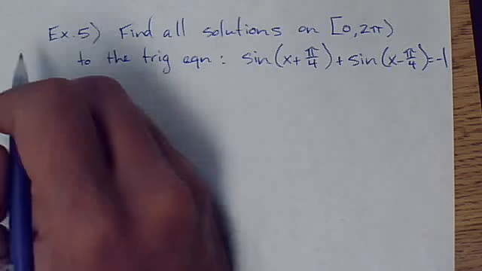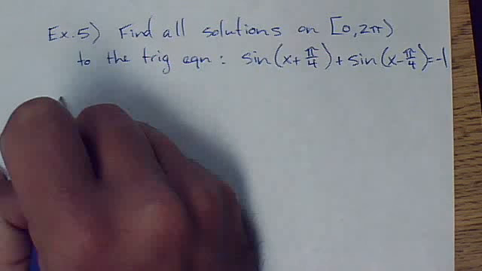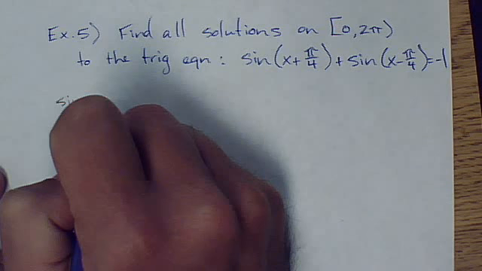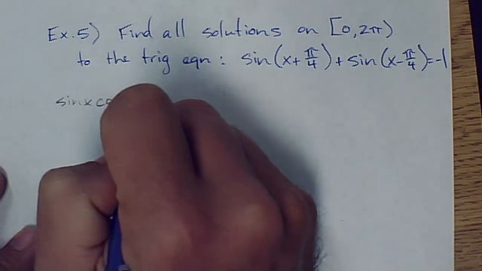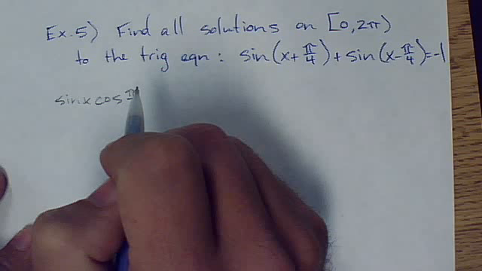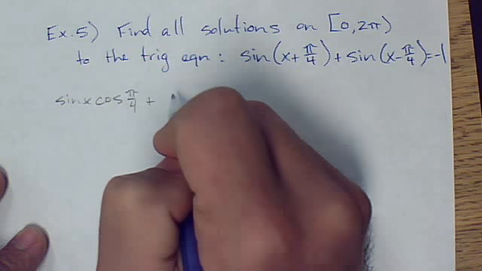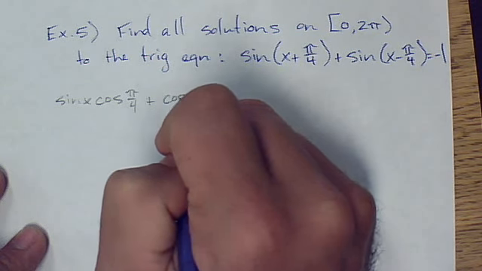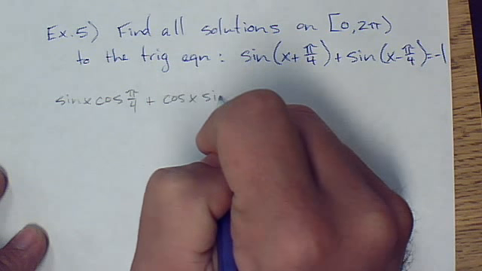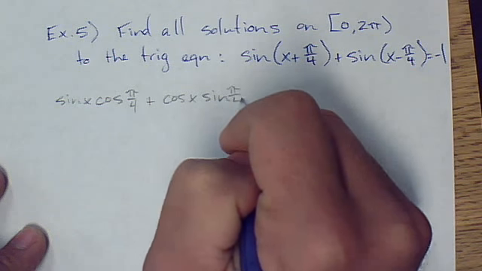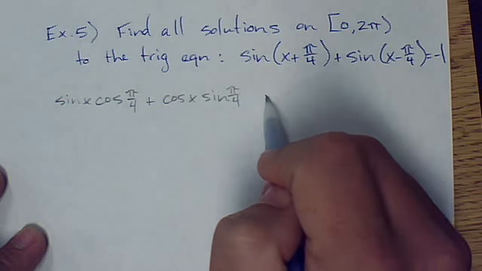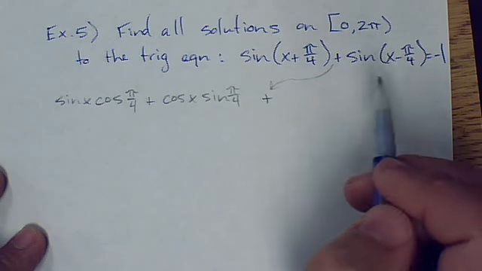I'll start with the first one. We can say that sine x cosine pi over 4 plus cosine x sine pi over 4. So there's the first one.